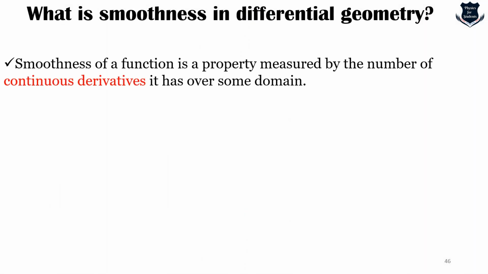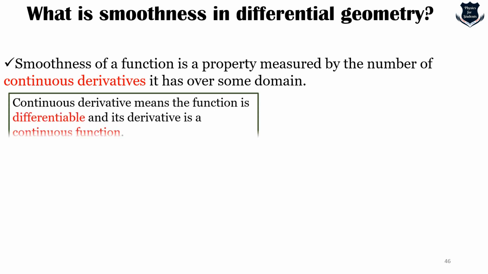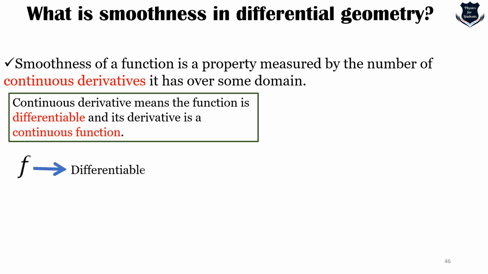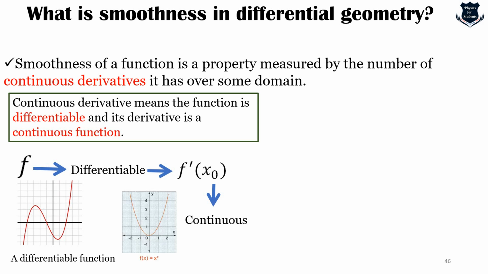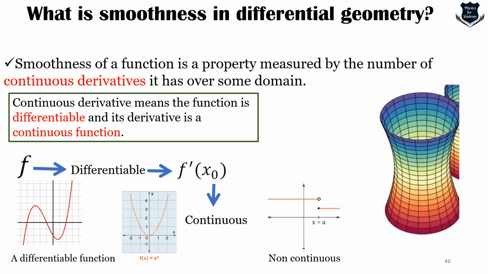So here we see that smoothness is a property which is measured by the number of continuous derivatives. Continuous derivatives means the function is differentiable and its derivatives are also continuous functions. So if f is differentiable, f prime at x0 is continuous. This is a differentiable function and it goes on and on, but this is a non-continuous function.